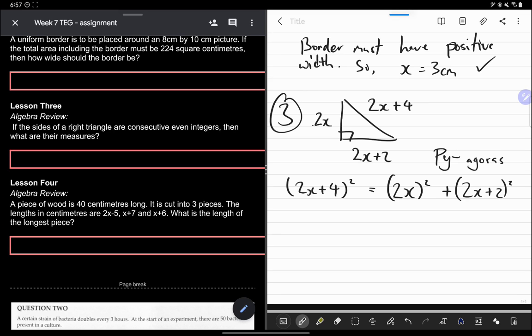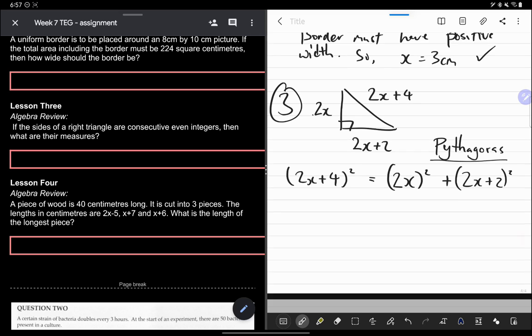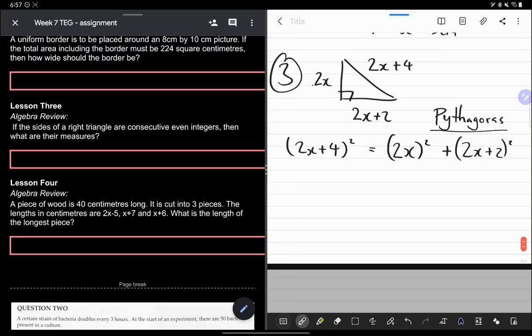I know that's bad writing. Let me try that again. So that's what you want to look up if you want to know that one. And also from here on out, we're going to do a lot of probably expanding and lots of exponent laws.